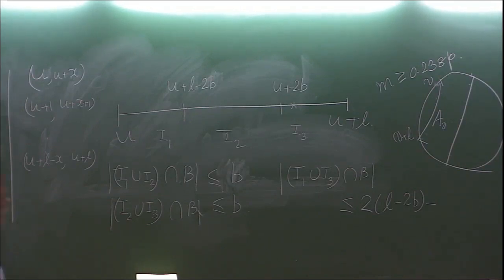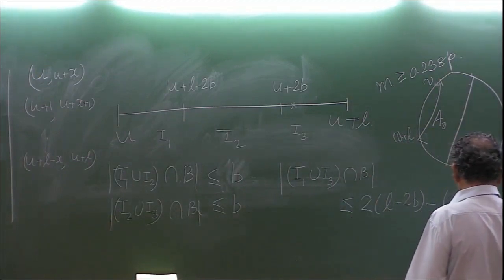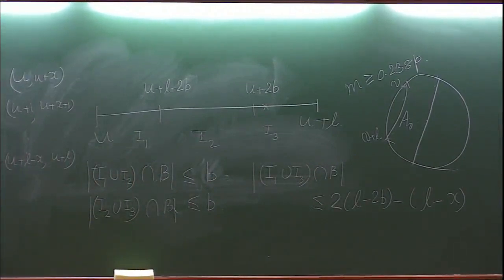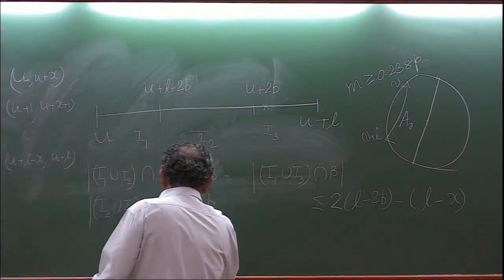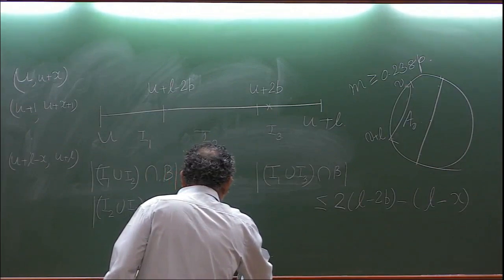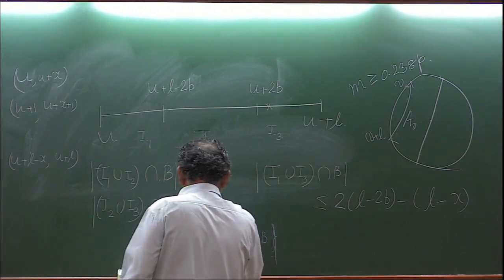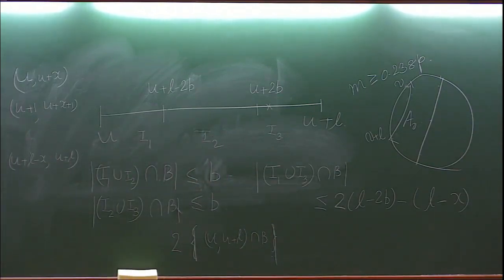So the number is the length of the interval minus the number of such pairs. Now you can add I1 union I2 intersection B, I2 union I3 intersection B, and I1 union I3 intersection B, and this is precisely 2 times u plus L intersection B, since each part is counted twice.